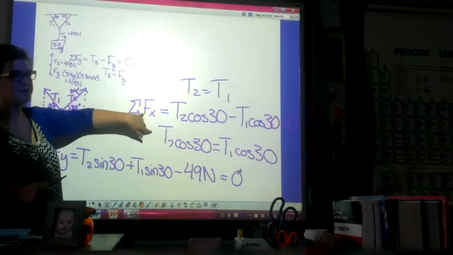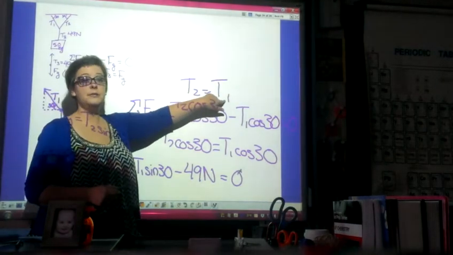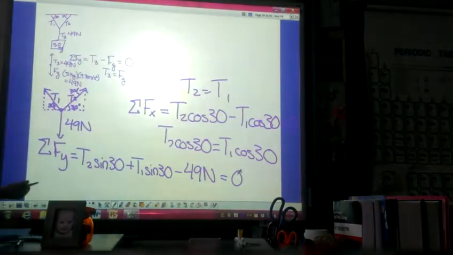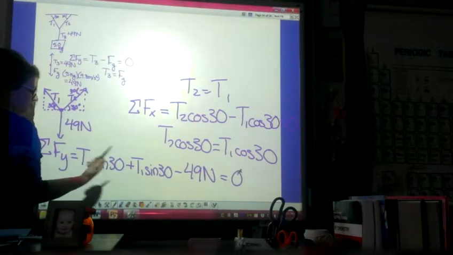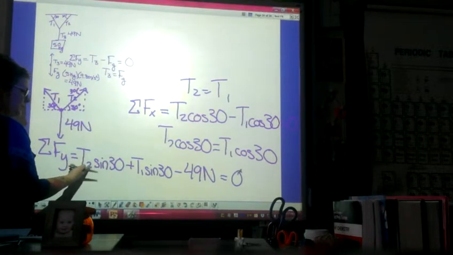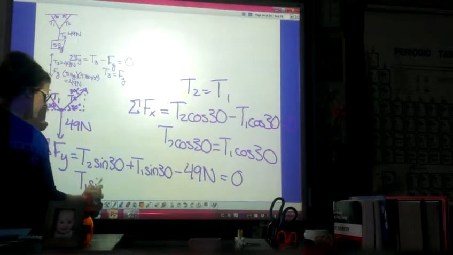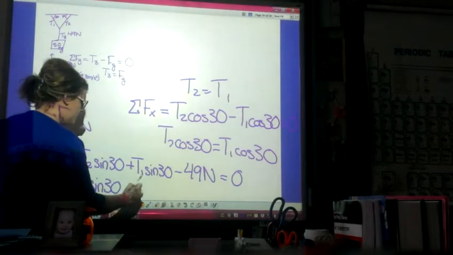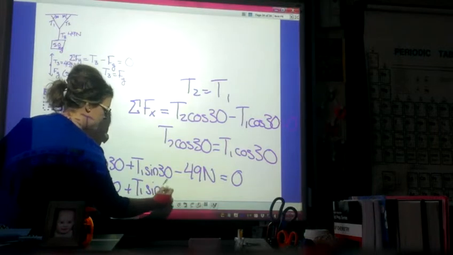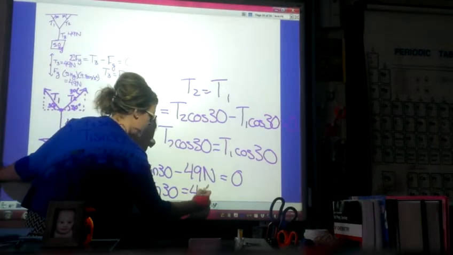Well, here in the x, we just determined T2 is equal to T1, because they're at the same angle. So I could find one of these. Instead of saying T2 here, let me just call this one T1. So T1 sine 30 plus T1 sine 30 equals 49 newtons.